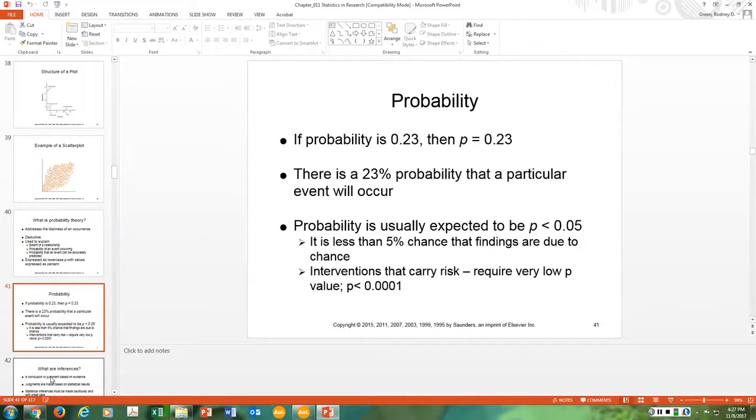Less than a 5% probability that a particular event will occur. However, for interventions that carry risk, the p requirement is more stringent. They require a very low p-value. For example, p is less than 0.0001.